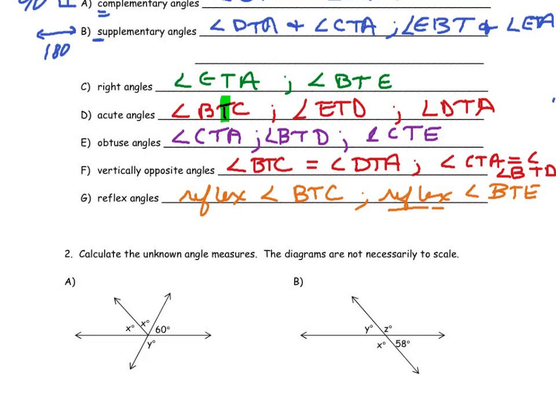For example, for angle Y, I would look at that diagram and I would see that 60 and Y are two angles on a straight line that are side by side, and therefore those two angles are supplementary. So if the smaller angle on the top is 60, then Y has to equal 120 degrees.